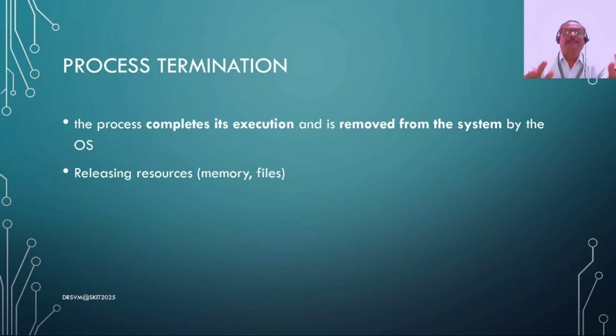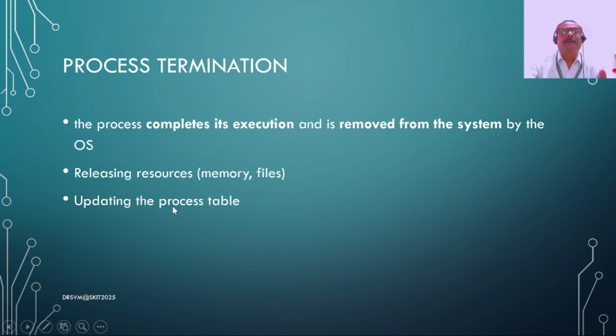For that we have some mechanisms which we are going to look at in the coming sessions. But once the work is done, we need to release these files so that other processes who are waiting for them can now start using them. That's what happens after terminating a process.